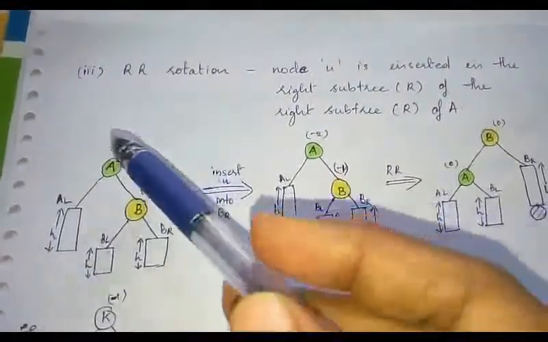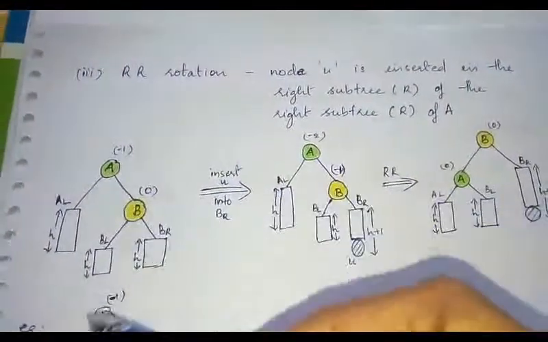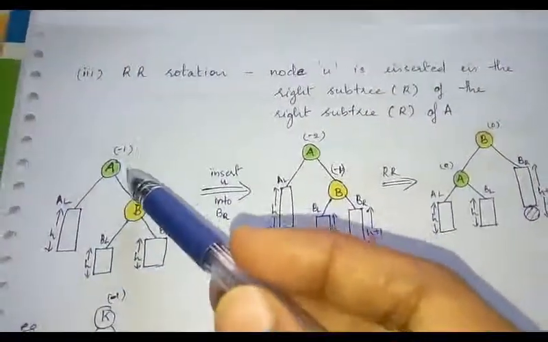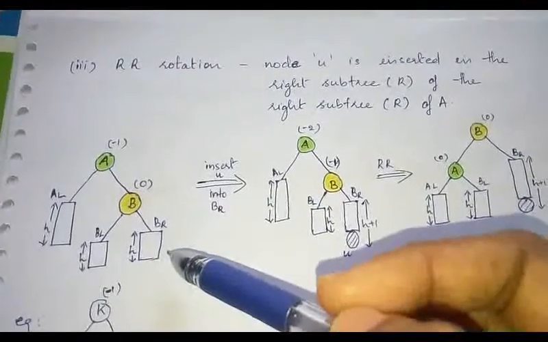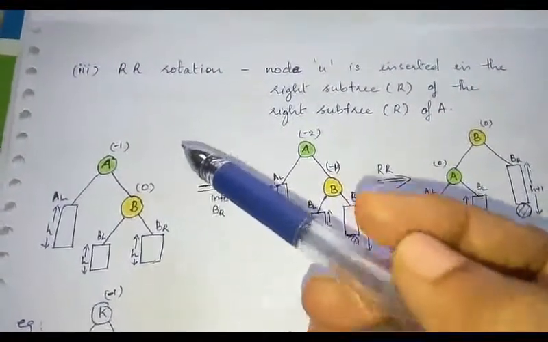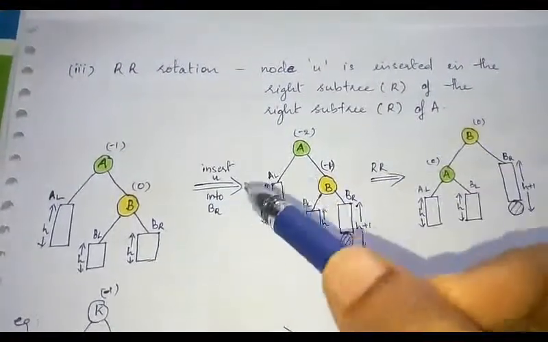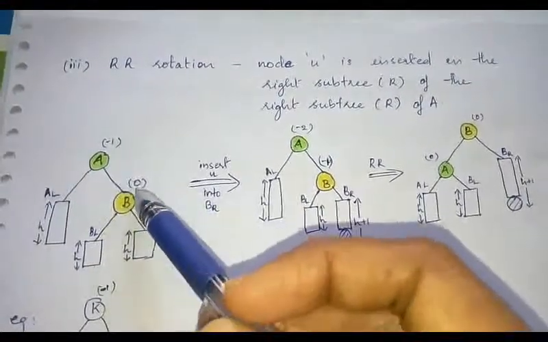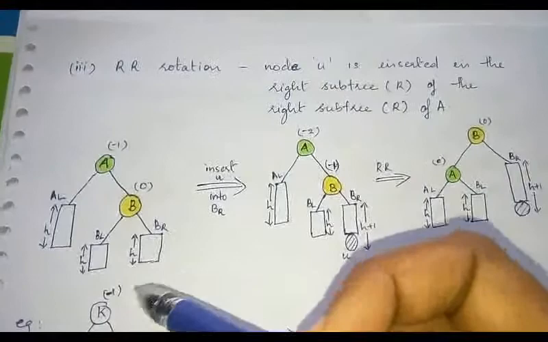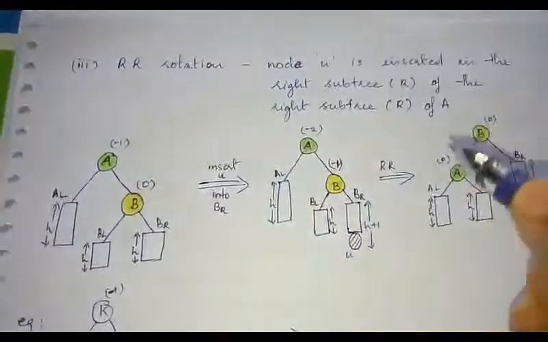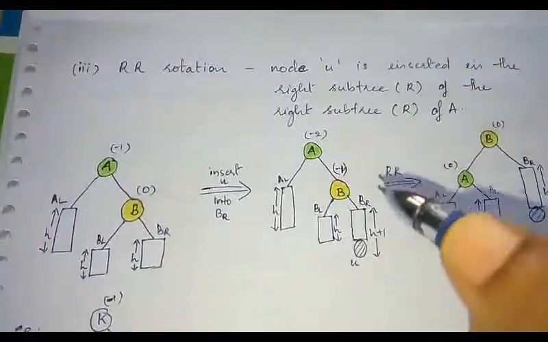This is the sample one. Here we have a node A and another node B with their subtrees. Now if a new node U is inserted to the right subtree of the right subtree of A, we have to perform RR rotation, and let's see how this RR rotation is performed.